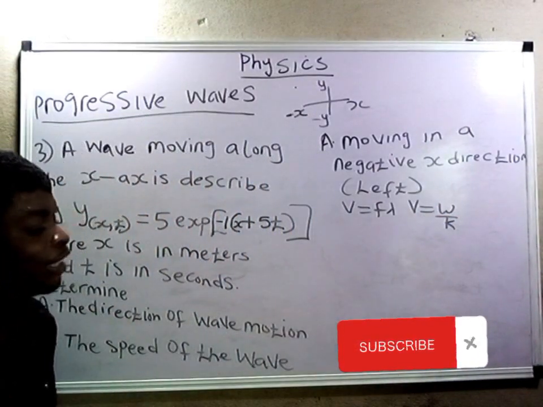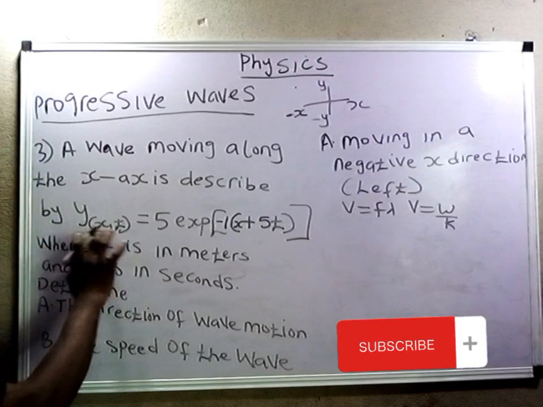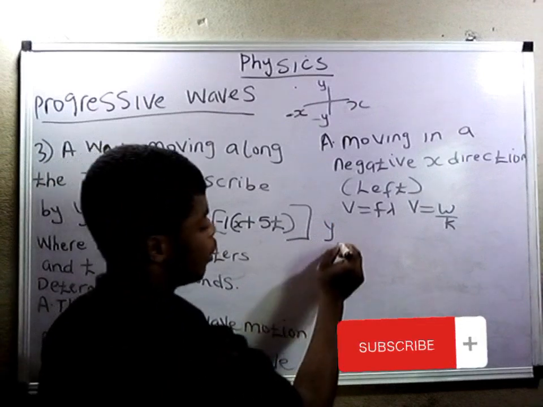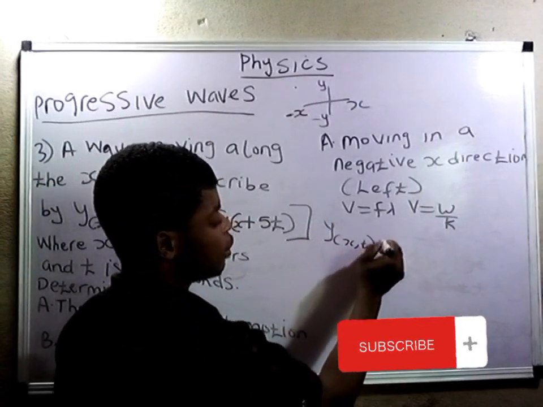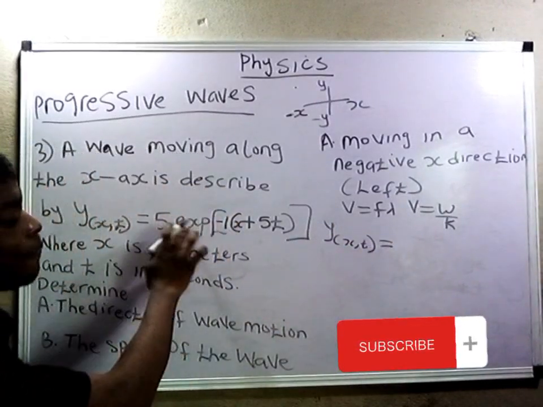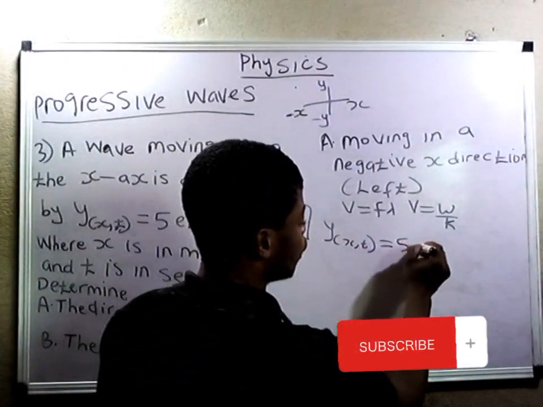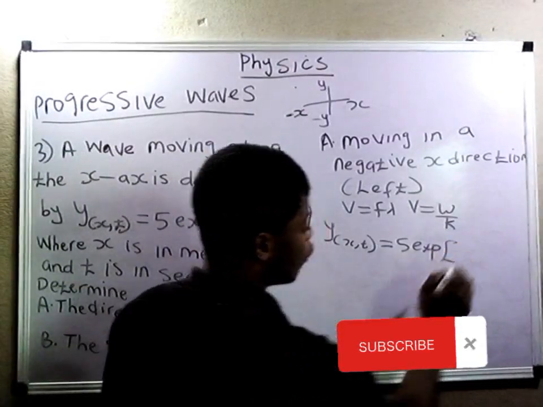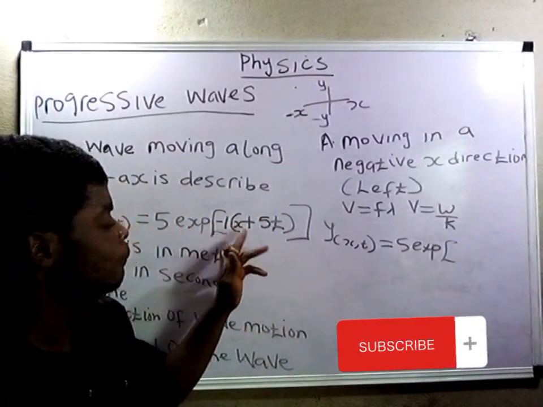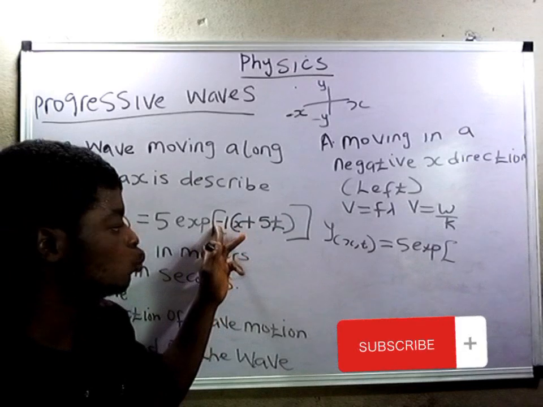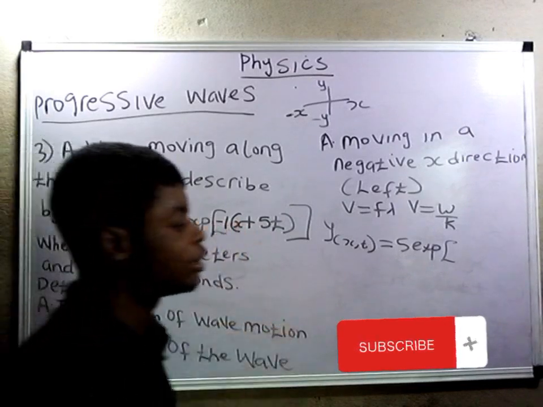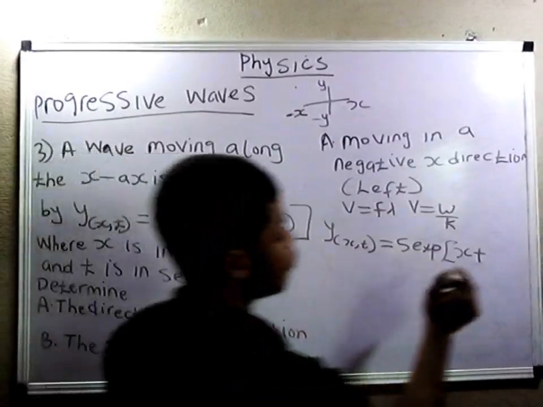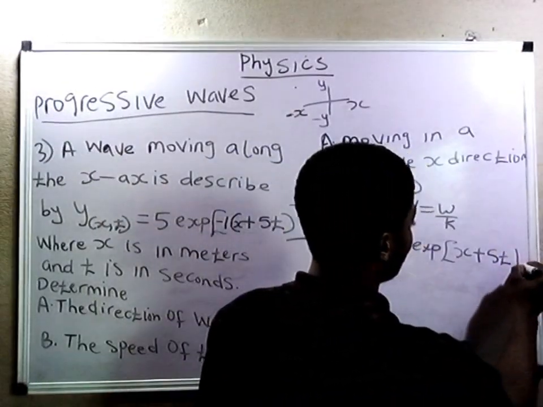To solve this, we have been given an equation here, which I write as y(x,t) equals 5 exponential (open the bracket). To make it easy, let me use 1 to multiply this x, but note that this minus sign is of no use. So we now have 1 times x, giving us x plus 5t. So this is the new equation that we have.